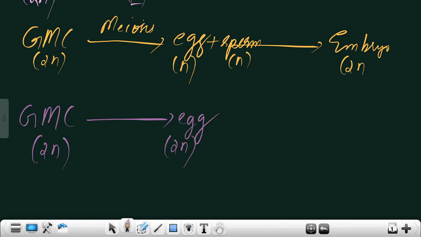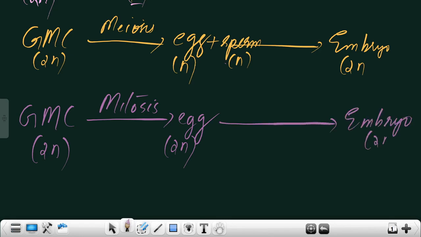So what may be the reason for this? Which division, mitosis or meiosis? It is mitosis. So here we see the difference: in the first case it is meiosis, here it is mitosis. And this diploid egg does not fuse with the sperm. Here sperm is present, here no sperm. It directly develops into the embryo, which is 2n.